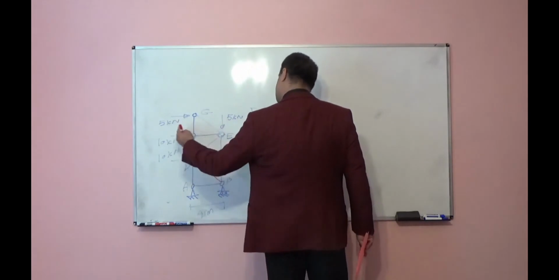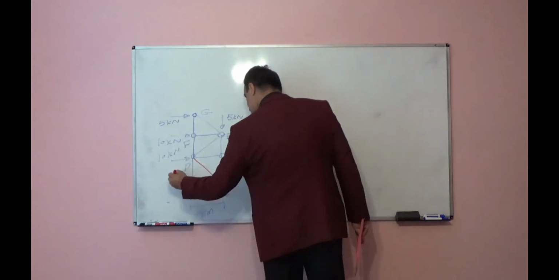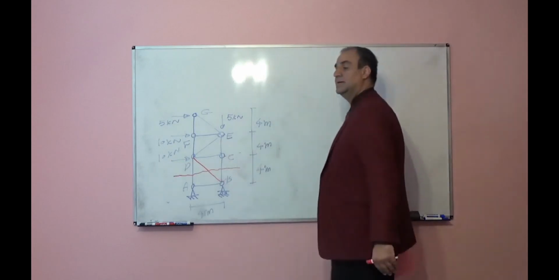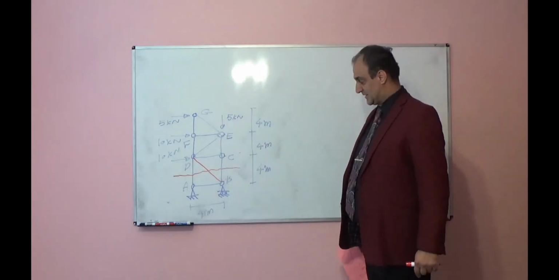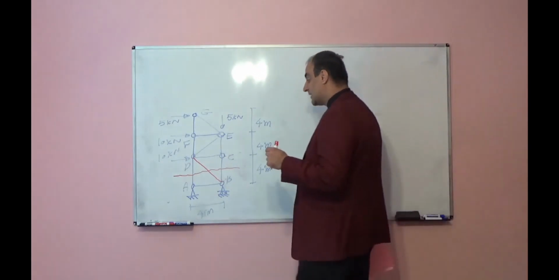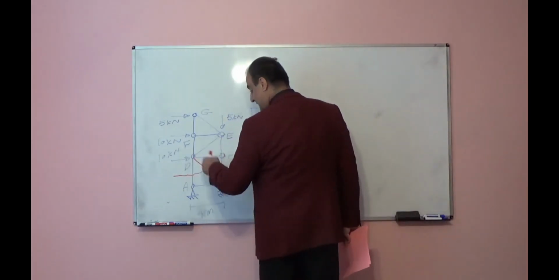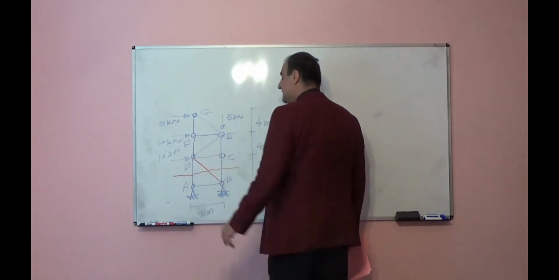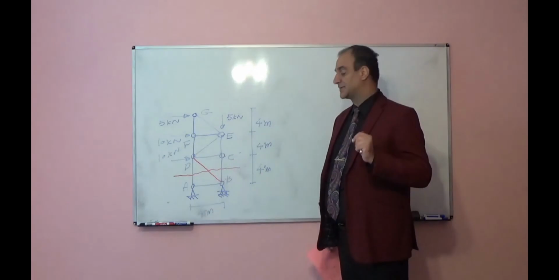Because it moves in horizontal direction, we will cut this panel in horizontal direction. So we will cut 3 members which are not parallel, 2 of them parallel of course, but all 3 are not parallel and not concurrent in one point.